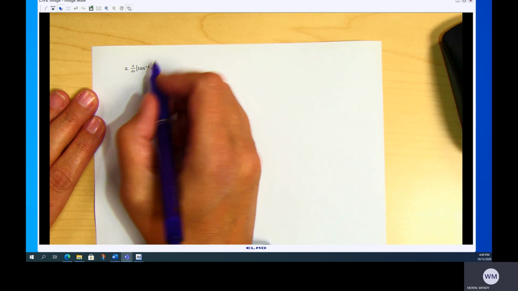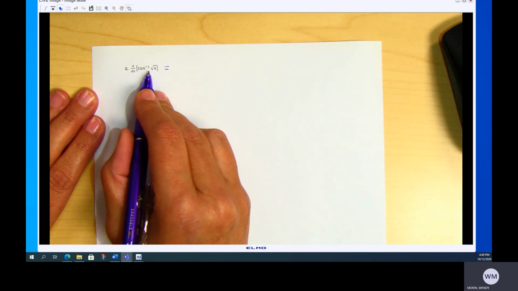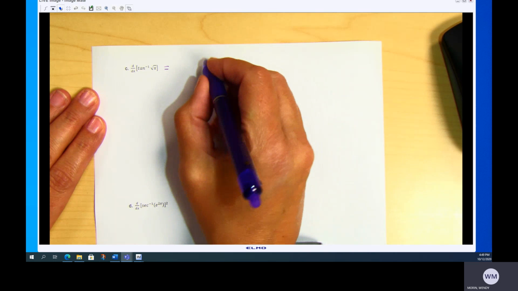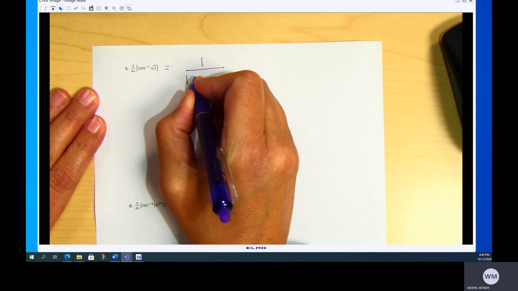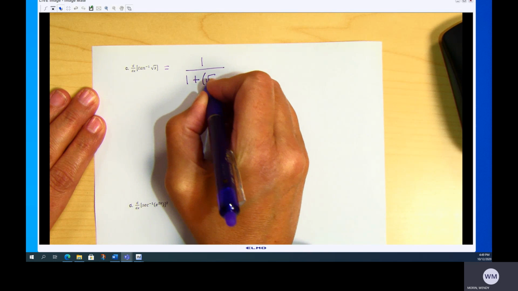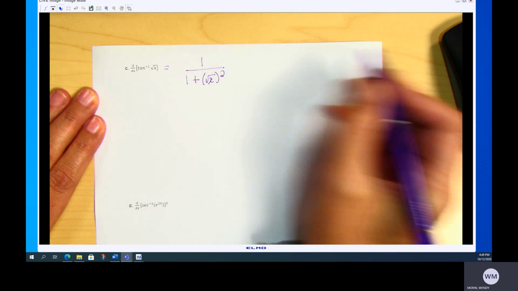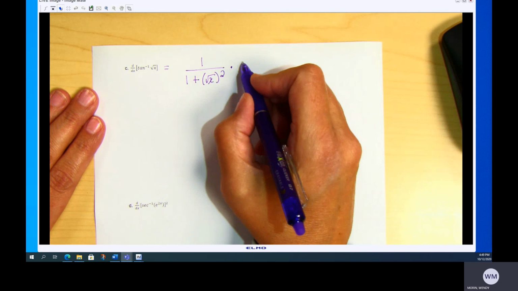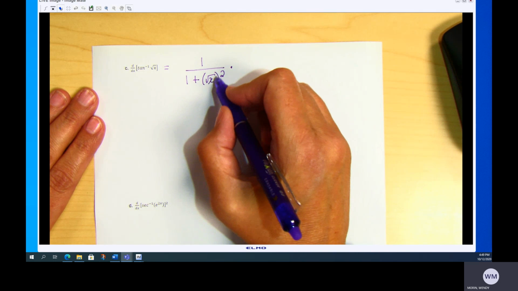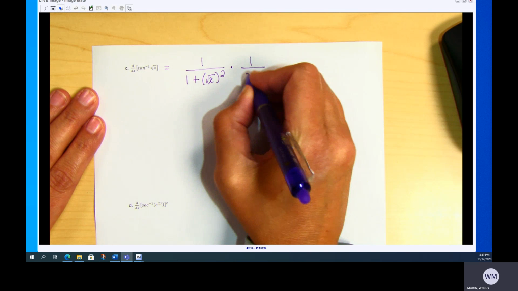The inverse tan derivative, we just did that one. It's 1 over 1 plus your u squared times the derivative of your u. So I'm going to put on the side just to make it a little bit easier. The derivative of our u is the square root rule.